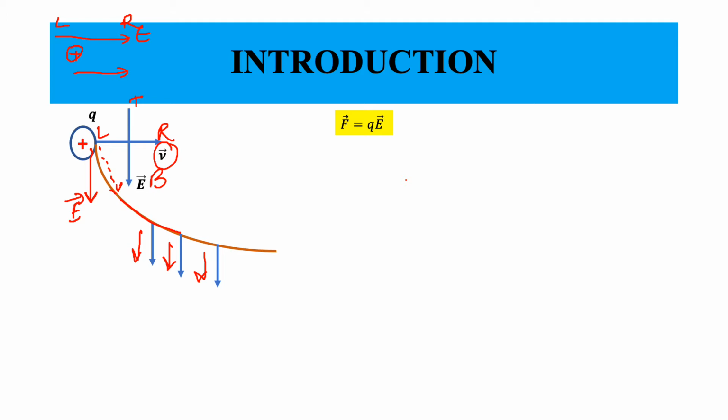You will see that the path depends on the incoming velocity and the electric field. But it is important to note that at any point on the path, the force on the charge would always be along the direction of the electric field itself.